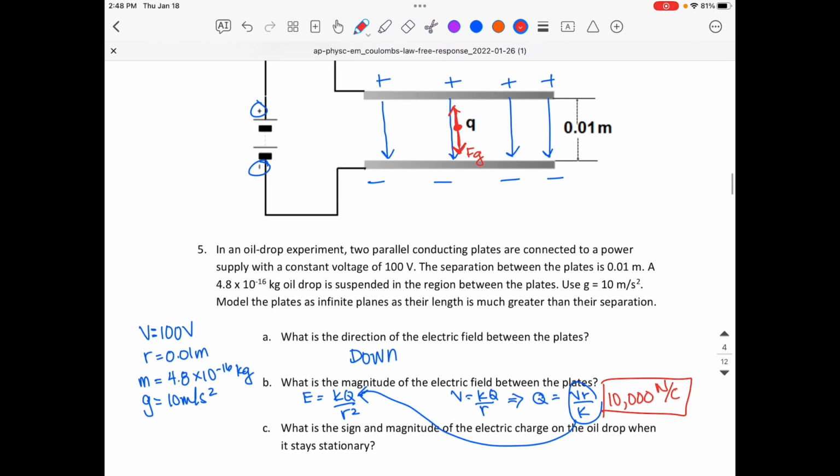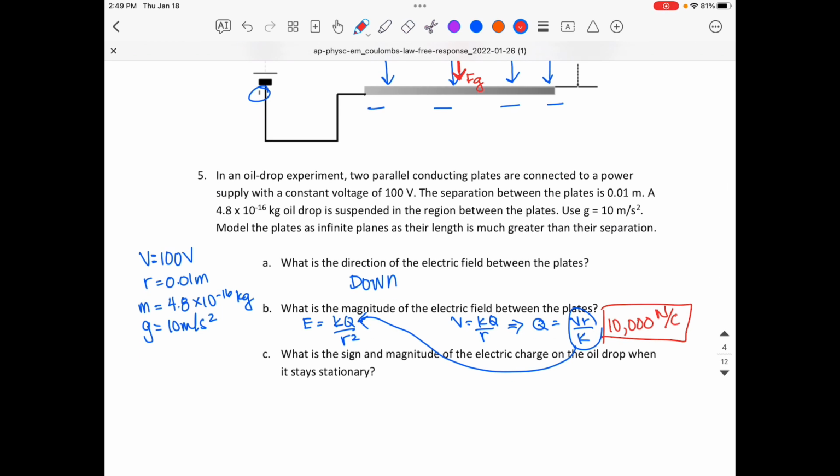Since we're in an electric field, we need an electric force pointing up, which requires an attractive force between the charge and the positive plate. That would cause this charge to be negative. Negative charges always oppose the direction of the electric field. So the sign would be negative.